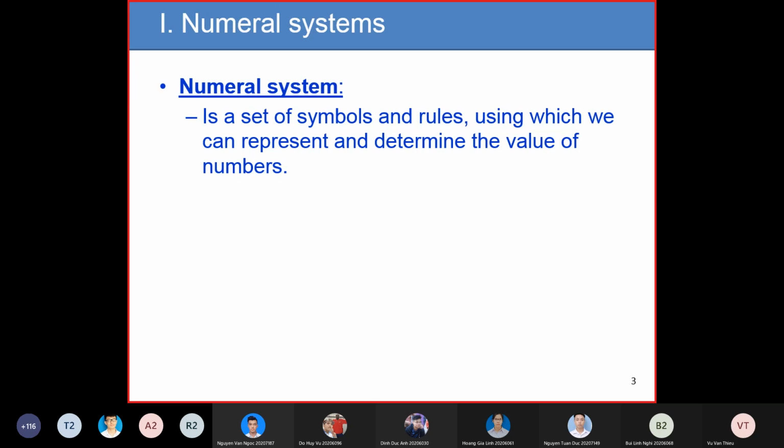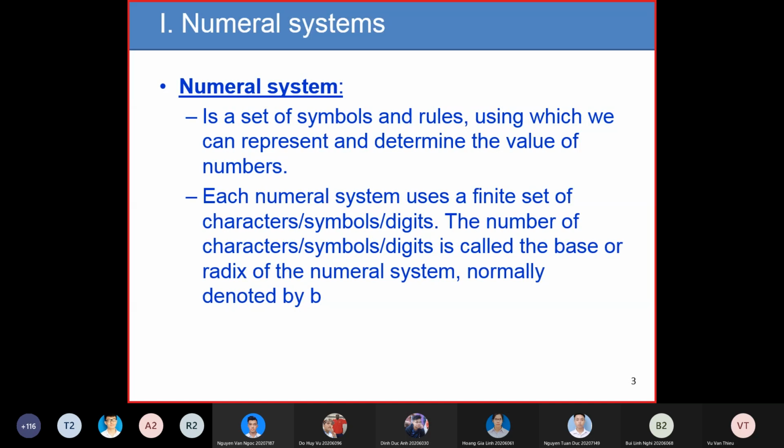Each numeral system uses a finite set of symbols, characters, or digits, and the number of those symbols or digits is called the base or the radix of the numeral system. Because it is the base, we denote it by B.